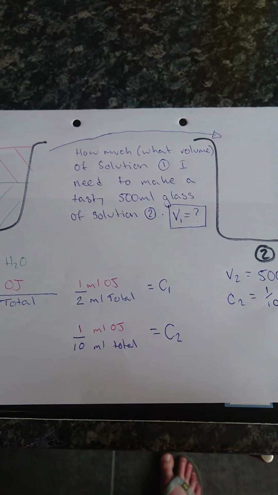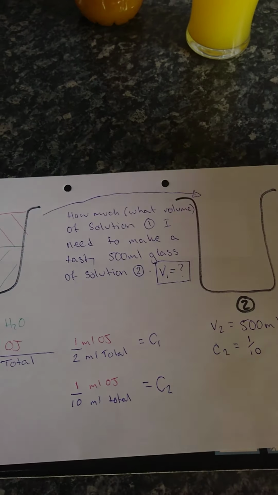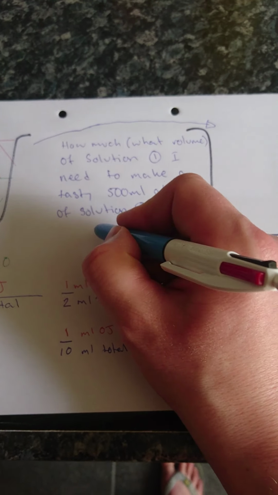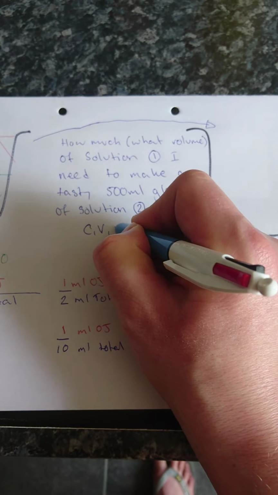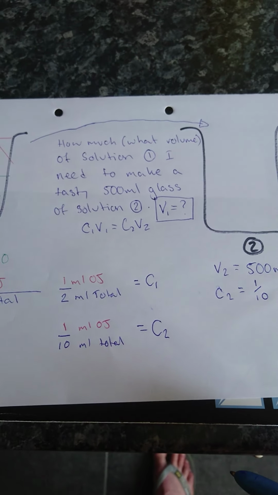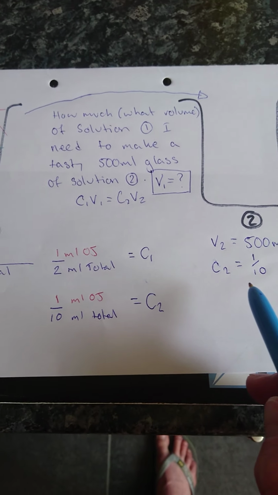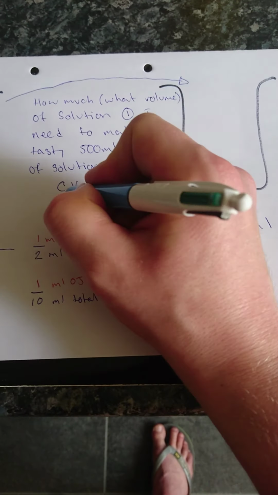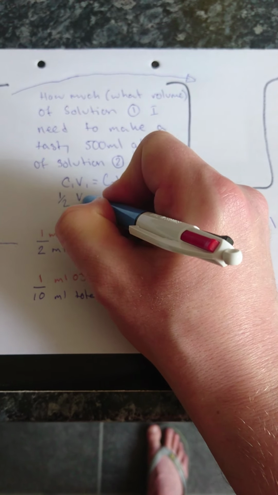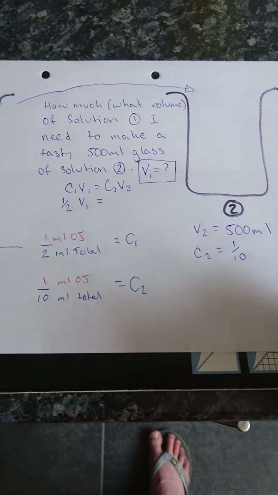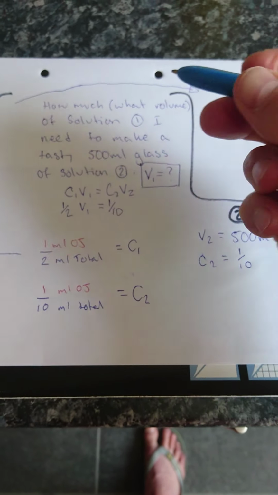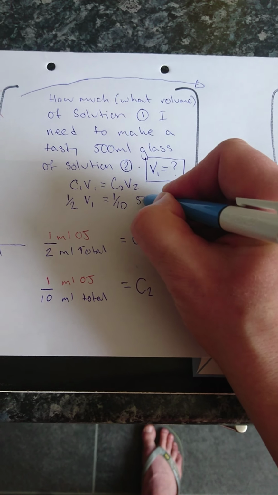Excellent. So if we think about making a calculation based on our C1 V1 equals C2 V2, we can substitute in what we know already: the concentration of 1 is 1/2, the volume of 1 is what we want to find, the concentration of 2 is 1/10, and the volume of 2 is 500 millilitres.